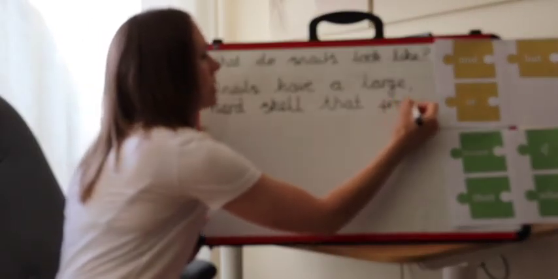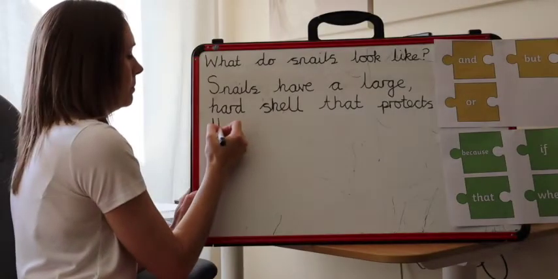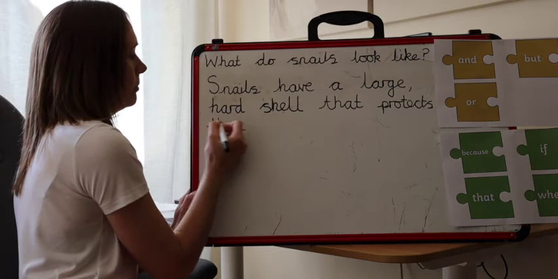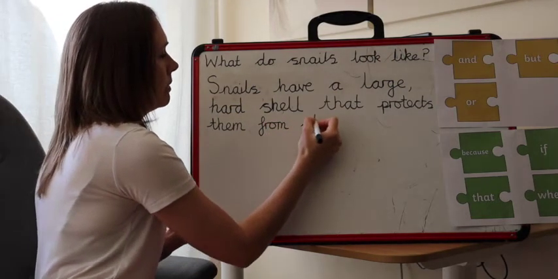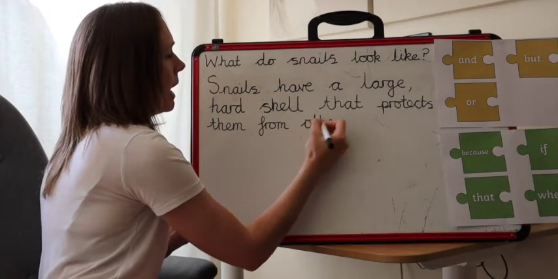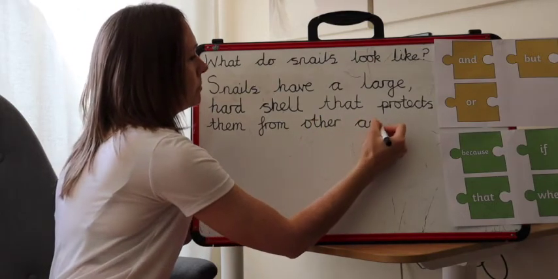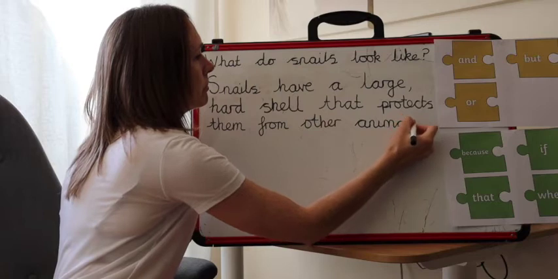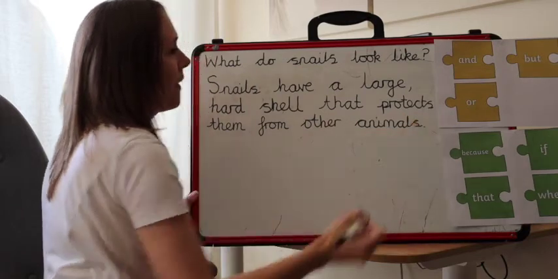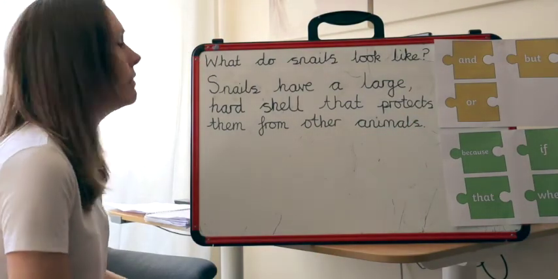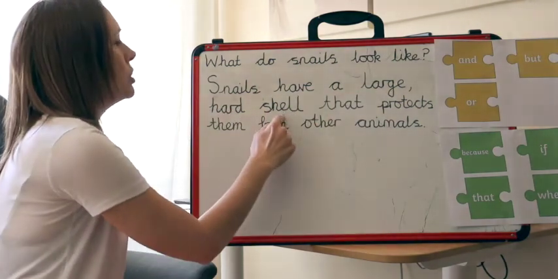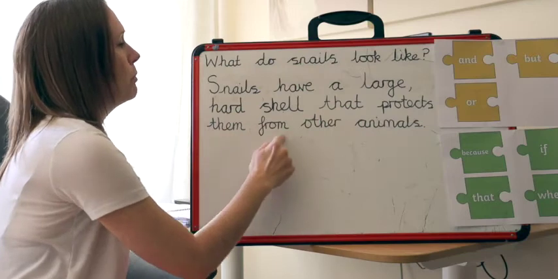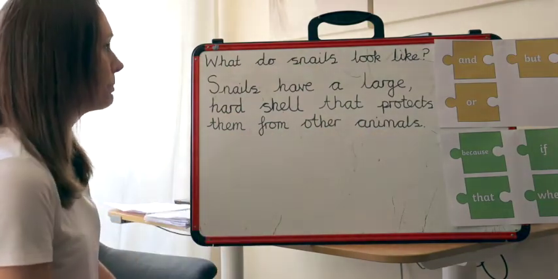protects them from other animals. So let's look at what we've got so far. We've written snails have a large hard shell that protects them from other animals.